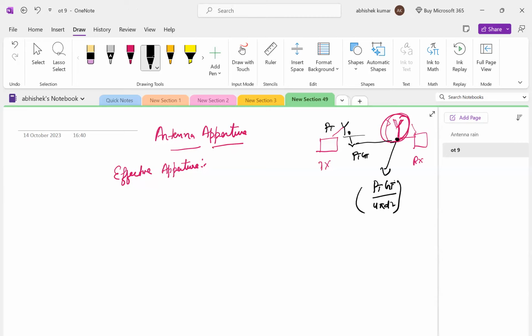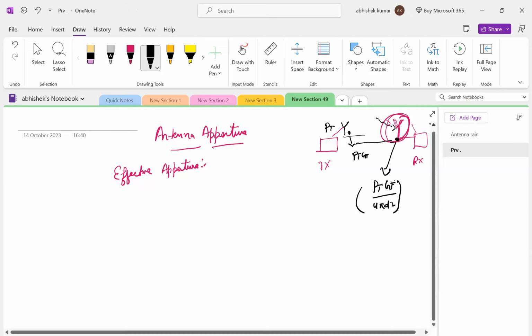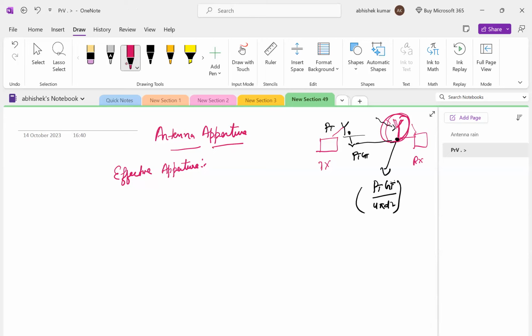This antenna is receiving this amount of power, but among this signal, how much can be intercepted by the antenna and sent to the receiver? That will depend upon the aperture of the antenna, which is nothing but the collector area of the antenna. Are you getting the concept or not? Yeah. Okay, this is nothing but the collector area of the antenna.